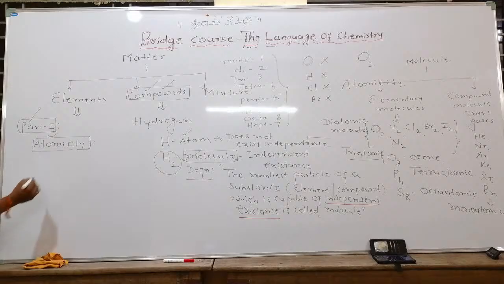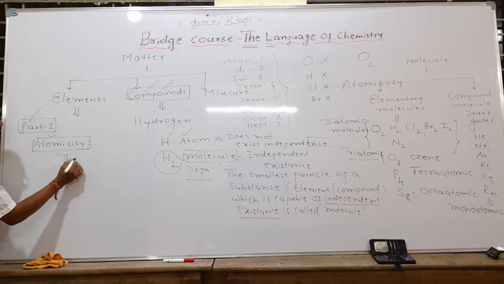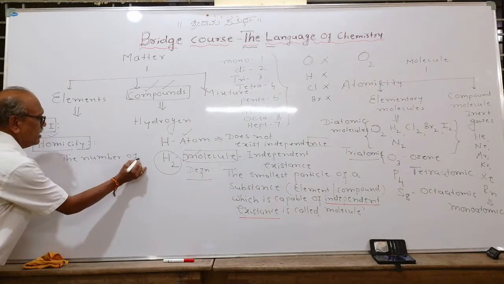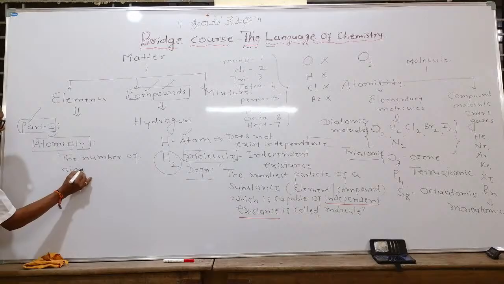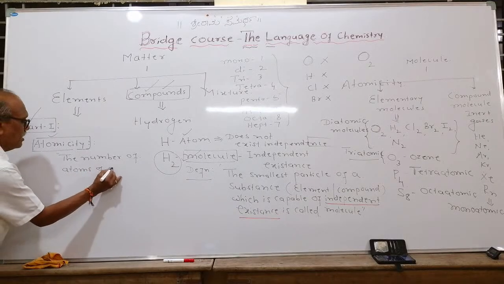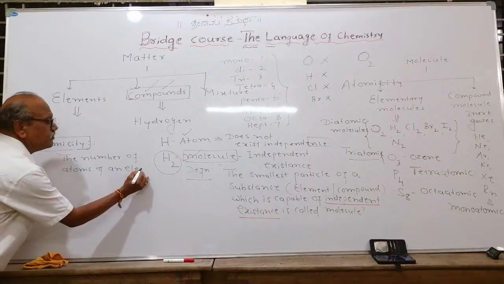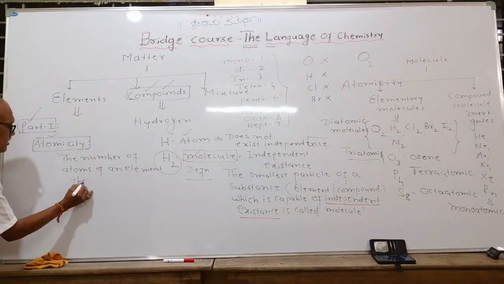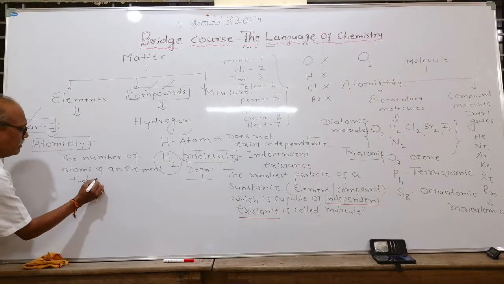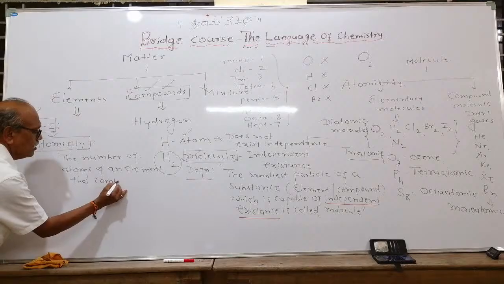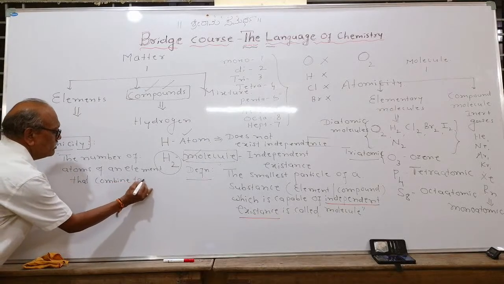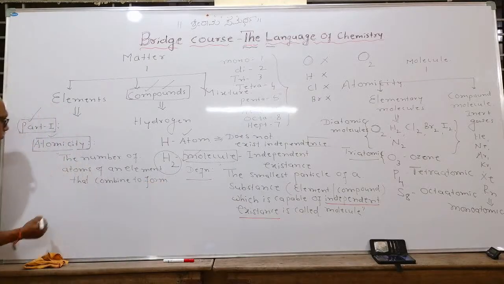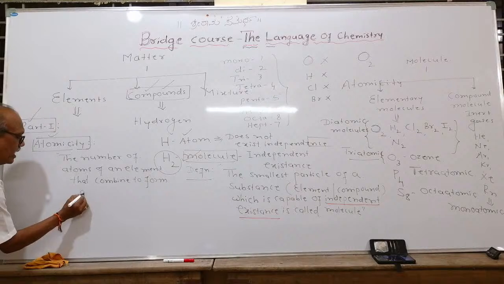Define atomicity: the number of atoms of an element that combine to form an elementary molecule.